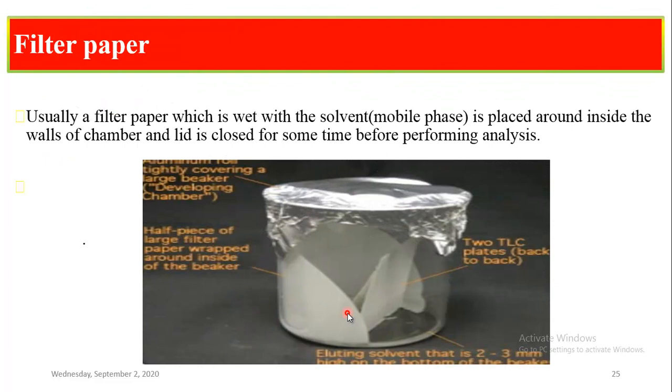What is the purpose? Usually filter paper which is wet with the solvent is placed around the inside wall of the chamber, and the lid is closed for some time before performing analysis, because in this way the whole environment is saturated with the mobile phase, so it will give a better separation. So we use a filter paper.